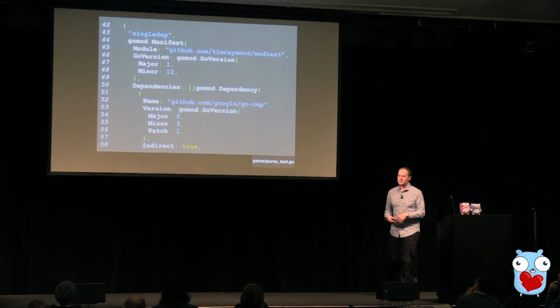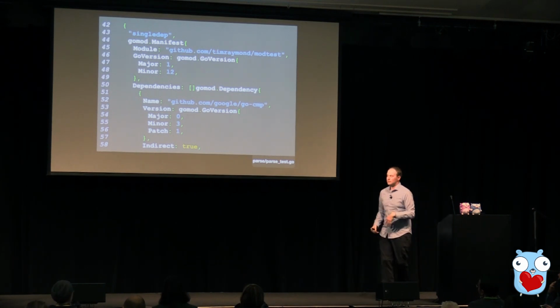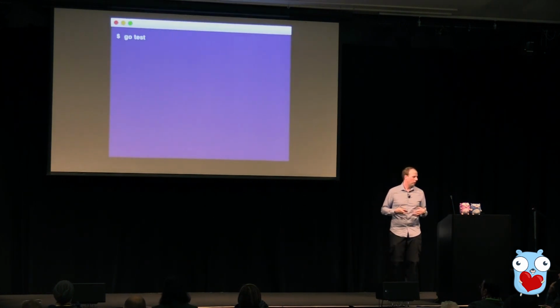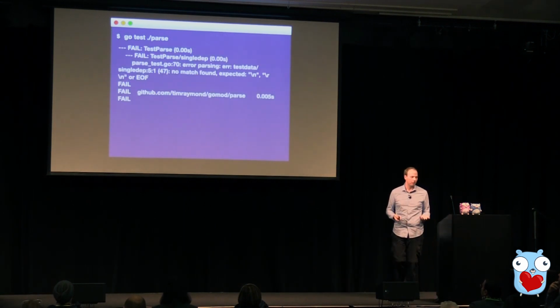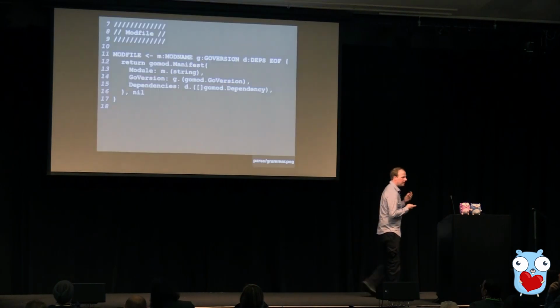So our test now includes a dependencies slice here, and we're describing another module's dependencies here. When we run go test, we see that it fails because it doesn't know anything about dependencies yet.